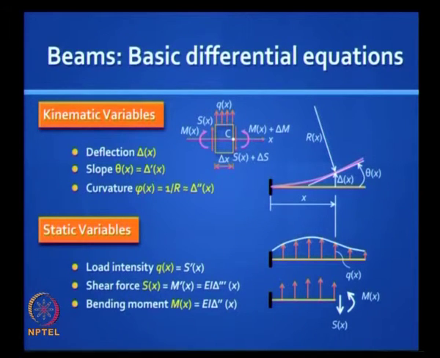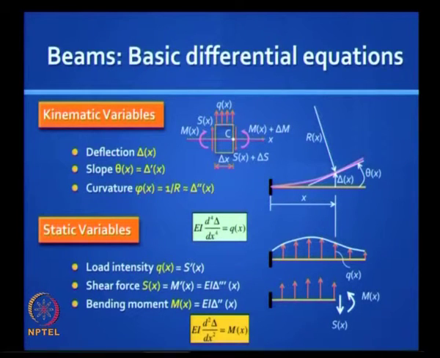So you can show that the shear force is EI into delta triple dash, and therefore Q is EI into the fourth derivative of the deflection. So if someone asks you what is the basic differential equation for a beam, you can either choose to explain it this way: EI into the fourth derivative of the deflection is the load intensity, or you could say EI into the curvature is bending moment. Both are correct.